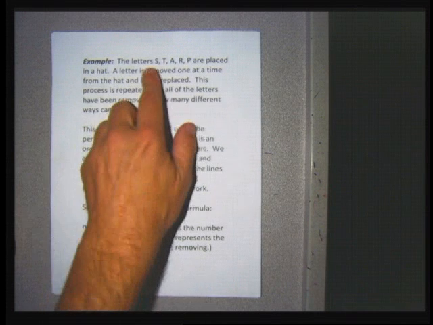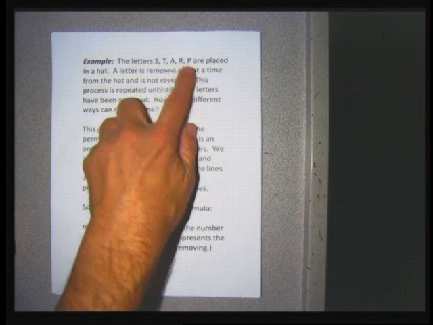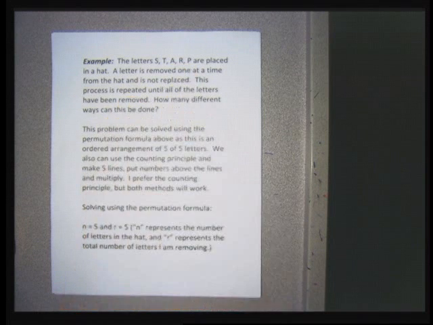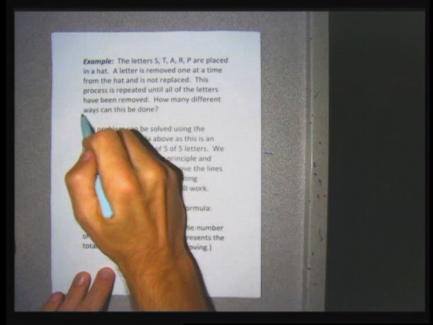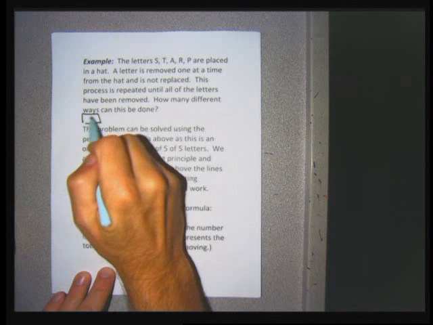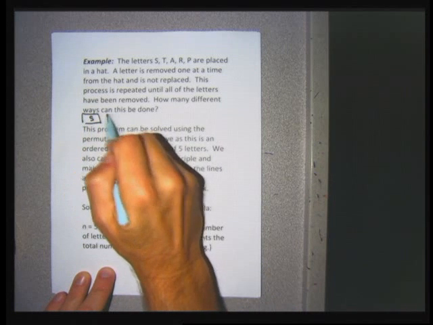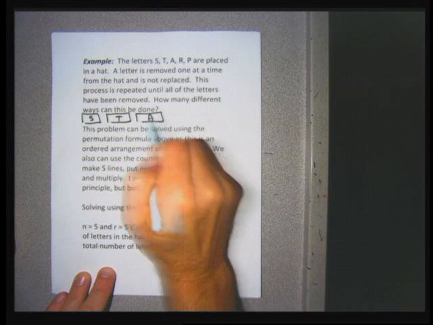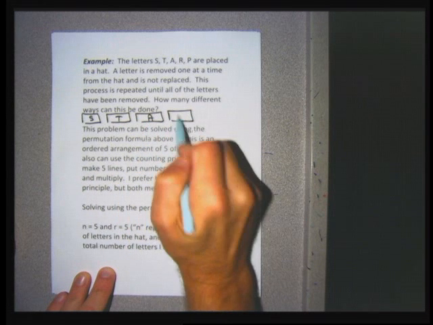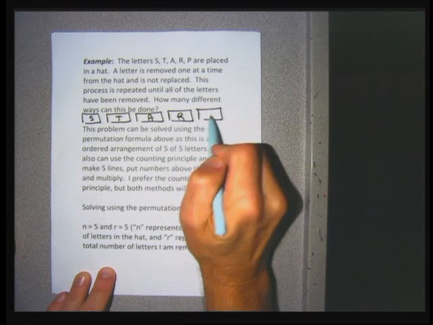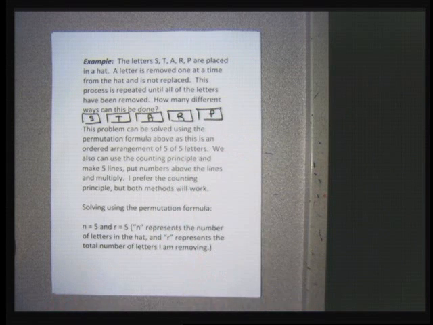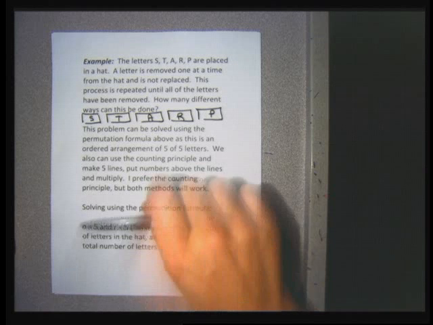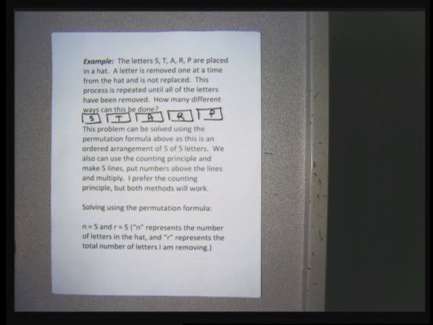So I have the letters S, T, A, R, and P. They're put on pieces of paper and dumped into a hat. And I've put those letters in a hat, and I'm going to remove one letter at a time, and I'm going to write down the letter, and I want to know how many different ways this can be done.